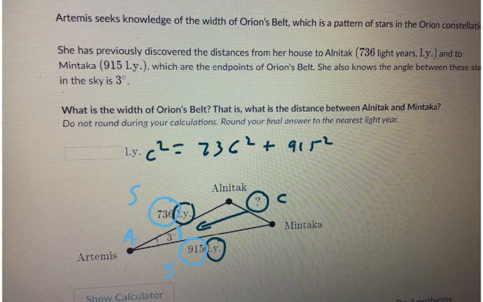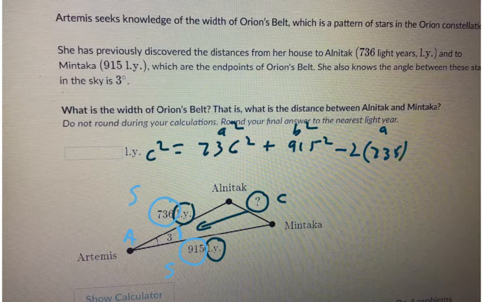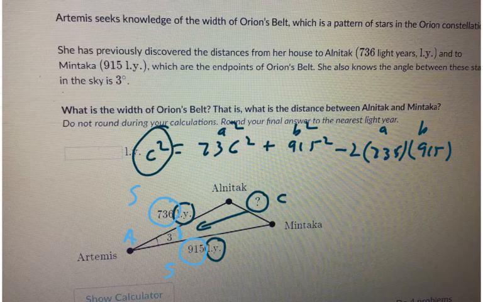C squared, by the way, equals A squared plus B squared, just like the Pythagorean theorem. Now we're going to minus 2 times the A, which is 736, times the B, which is 915. Again, it doesn't matter which one's A or B. The C, guys, must be opposite the angle, okay? And let's not forget, we're going to times that with the cosine of the angle between them, which is 3 degrees.